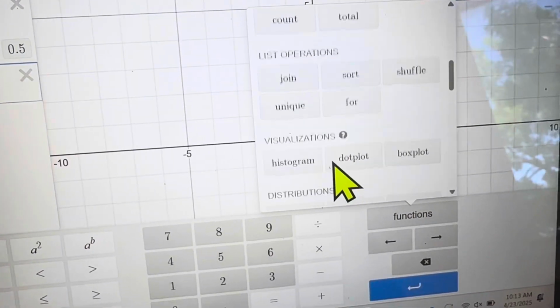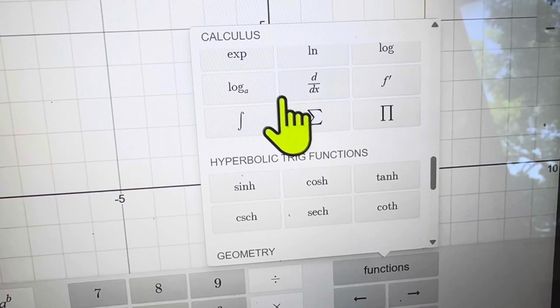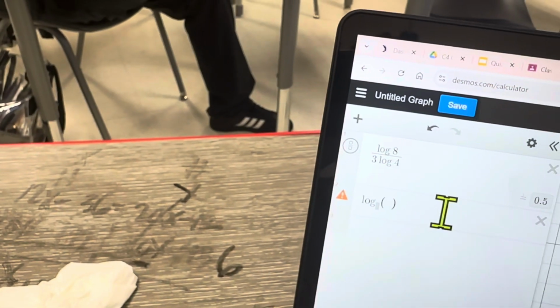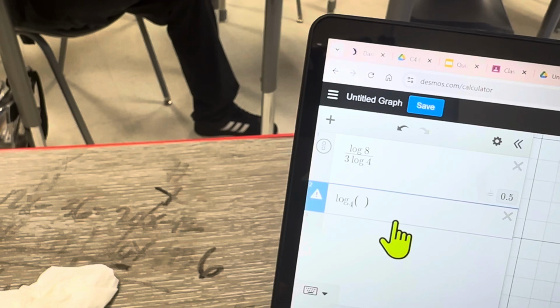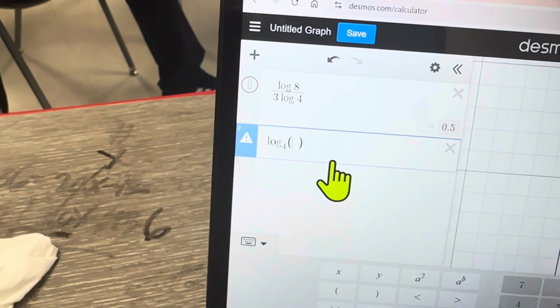And scroll down to log the base. There it is, right here. Log base. Your base is 4, so type 4. Argument is 8. Okay, log 4 of 8.